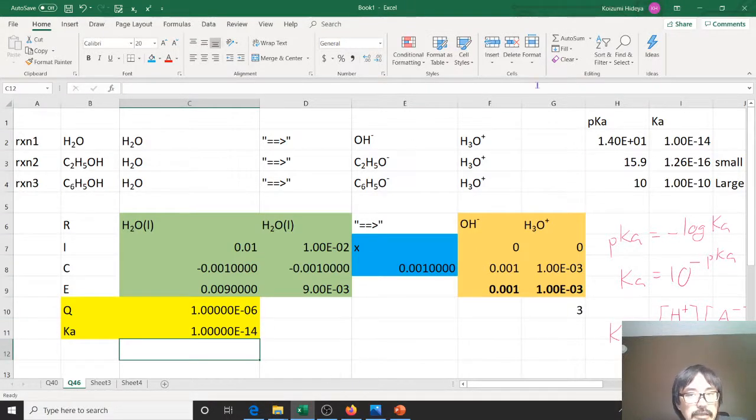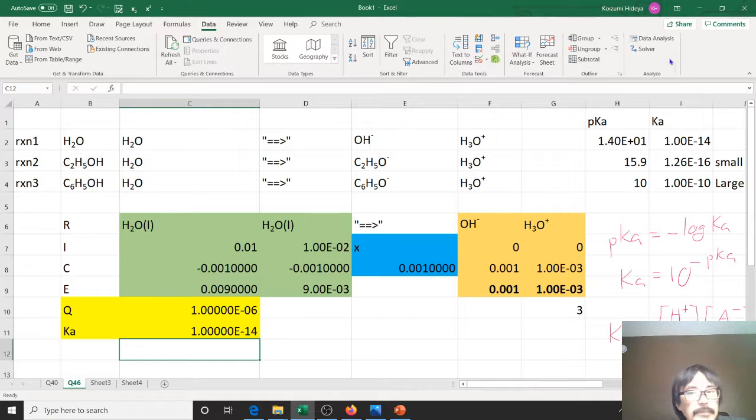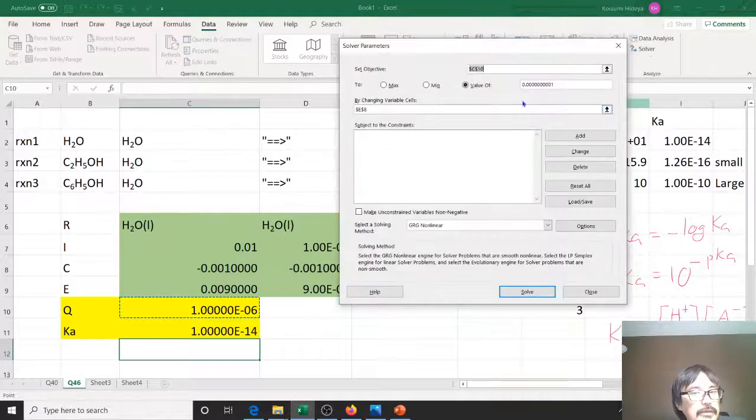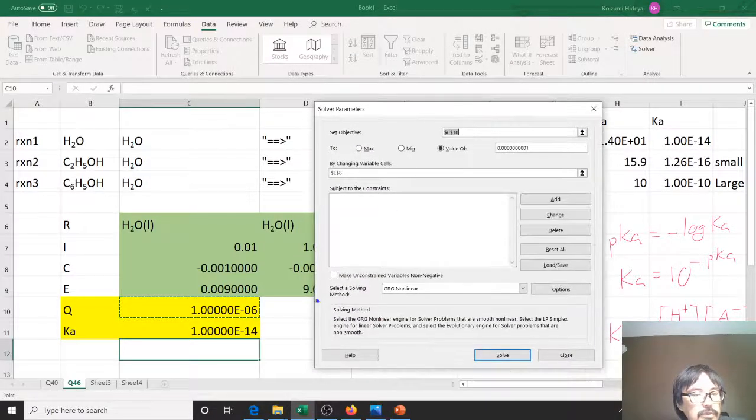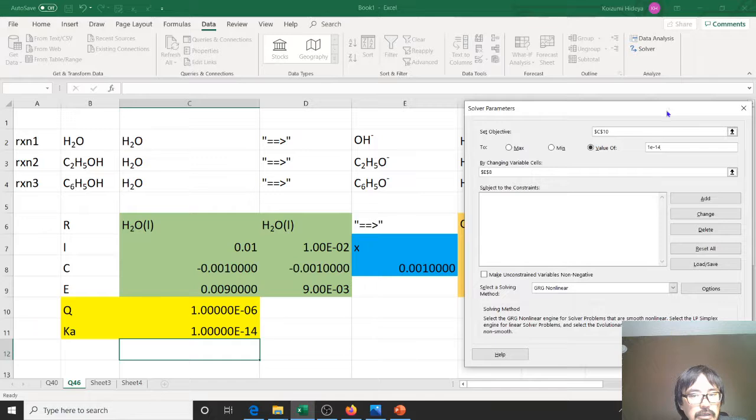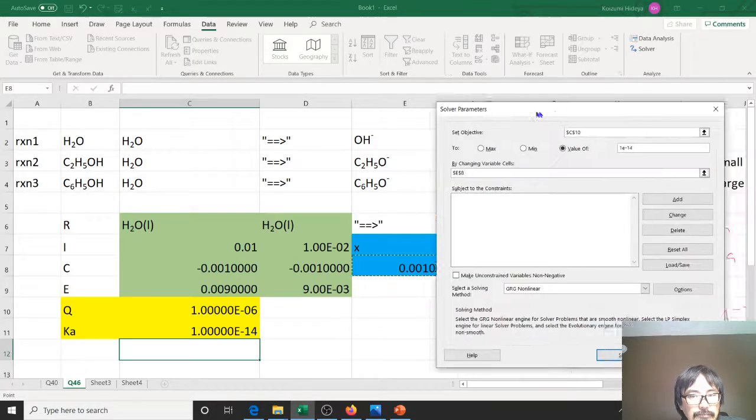Alright, so let's just do the Solver. I want to have Q, this one, to have a value of 1e negative 14 by changing that, right?